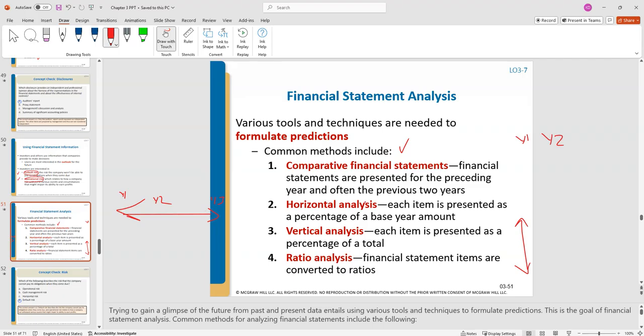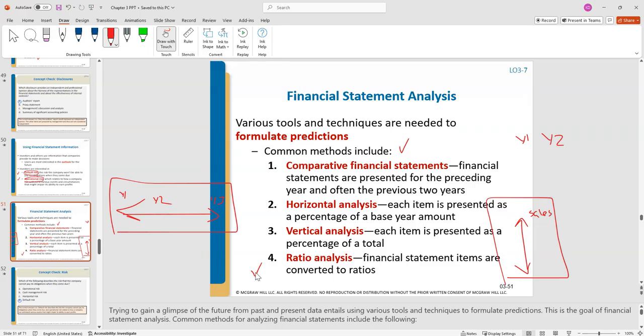In distinction, vertical analysis might be within a single year. We're looking at just year one, and we'll look at maybe our total sales revenue or our income and break it out between other items. What percentage of this was our gross profit versus what percentage was our cost of goods sold? So we're looking internal to a single year, whereas horizontal analysis tends to look over multiple years.